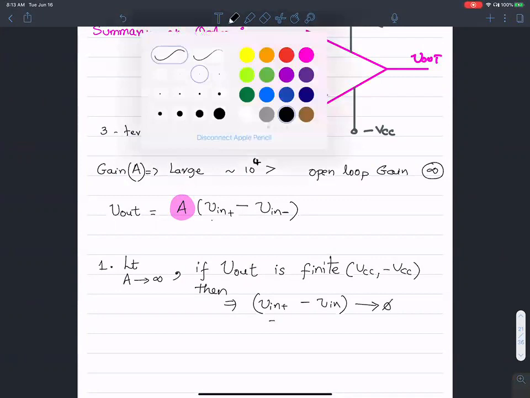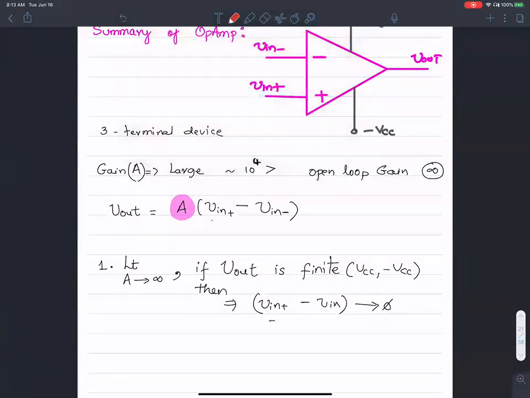Let's say I put some numbers on it so it makes sense. Let's say the value of V output is 5, and the gain is really, really large, 10 to the 9.